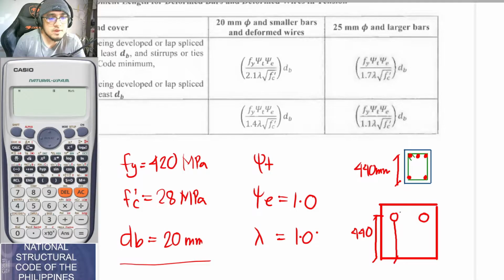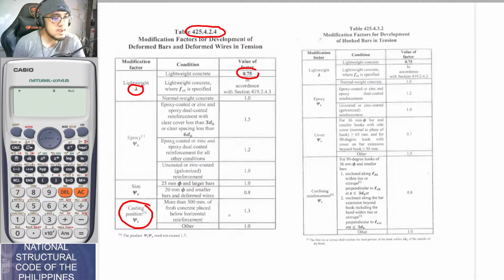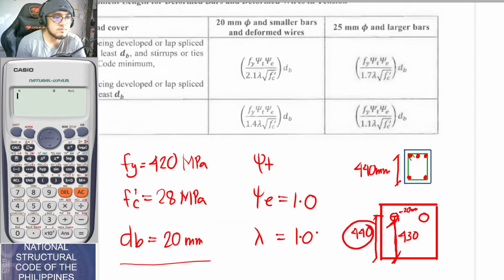So with that, if this is to be 20 mm and half of 20 mm is 10 mm, it means that this particular dimension here is to be equal to 430, or 440 minus 20 over 2. So is 430 greater than 300 mm? Short answer, yes. So meaning, we will be using 1.3 here.